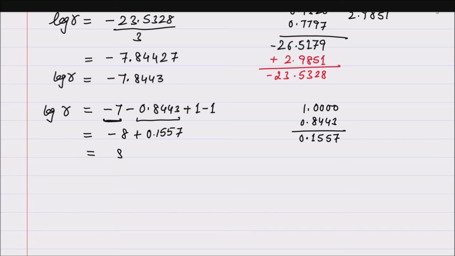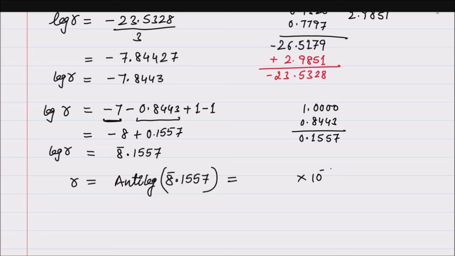So it becomes 8 bar 0.1557, that is log of r. So in this way r is the anti-log of 8 bar 0.1557.